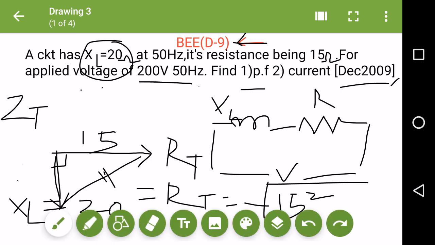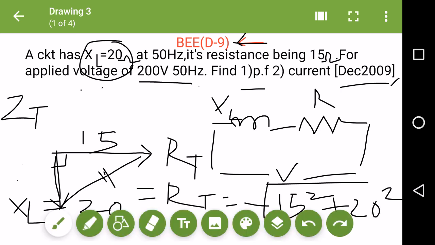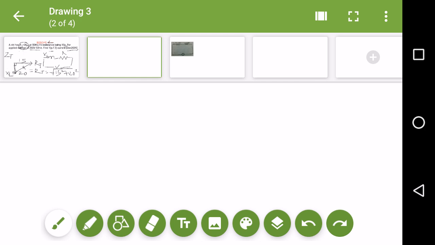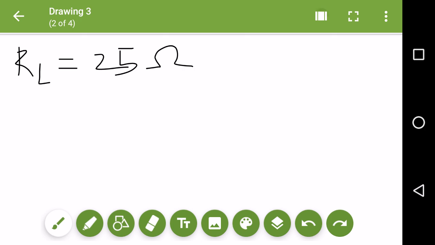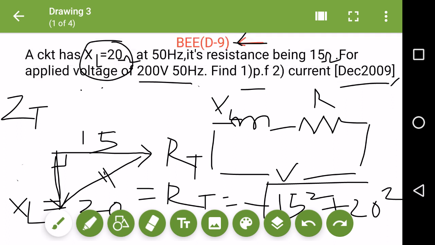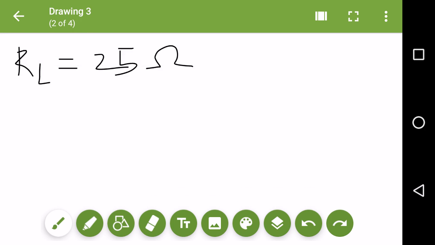So the total value of RL, that is RL, is 25 ohm. This is the total resistance of this circuit, combining XL and R, that is RL equals 25.